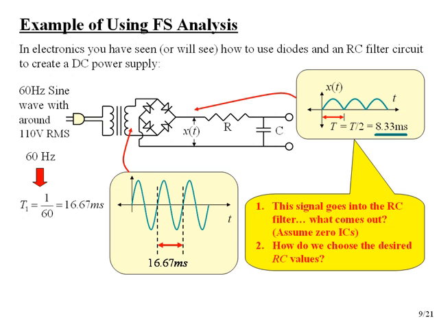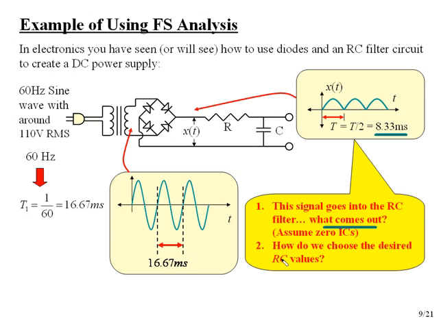So if we're only interested in how this thing behaves in the long run, after that response dies away, which is usually pretty quickly, we can often just assume 0 initial conditions and analyze it for that case. So if this full wave rectified sine wave goes into the RC circuit, what comes out?